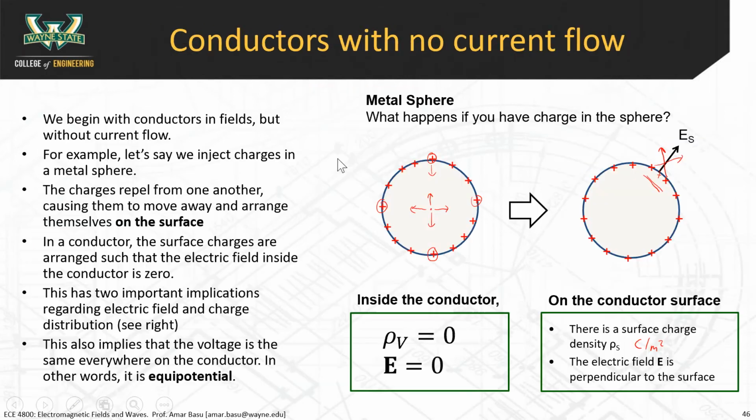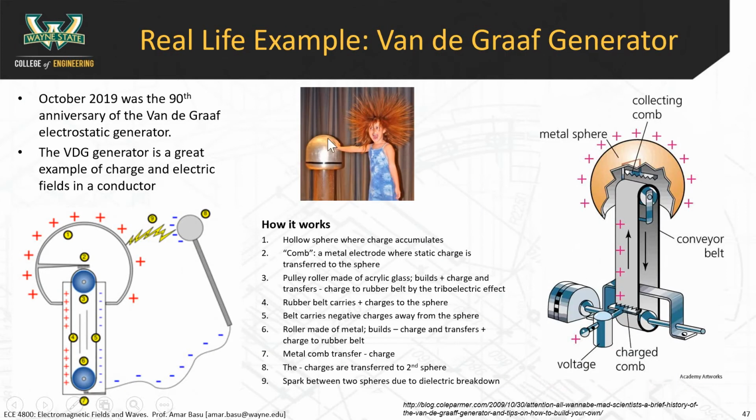Like we said in class just now, the charges are all on the surface. They're not in the metal, they're on the surface of the metal. Because they're on the surface, when you touch it, your body is conductive, so those charges actually get transferred to you.